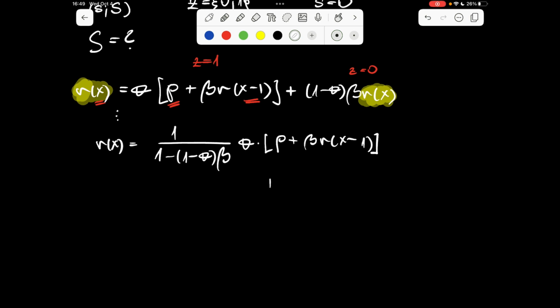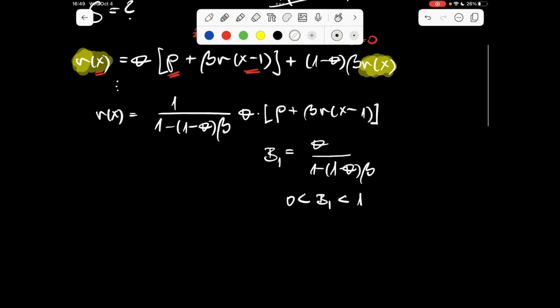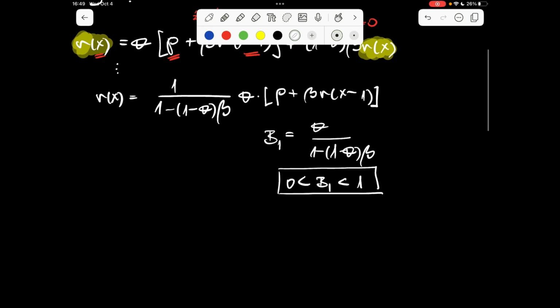Let's bring in a new parameter. First of all, we want to ensure that this parameter falls strictly between 0 and 1. So we need to choose beta and theta appropriately to ensure that this inequality holds.